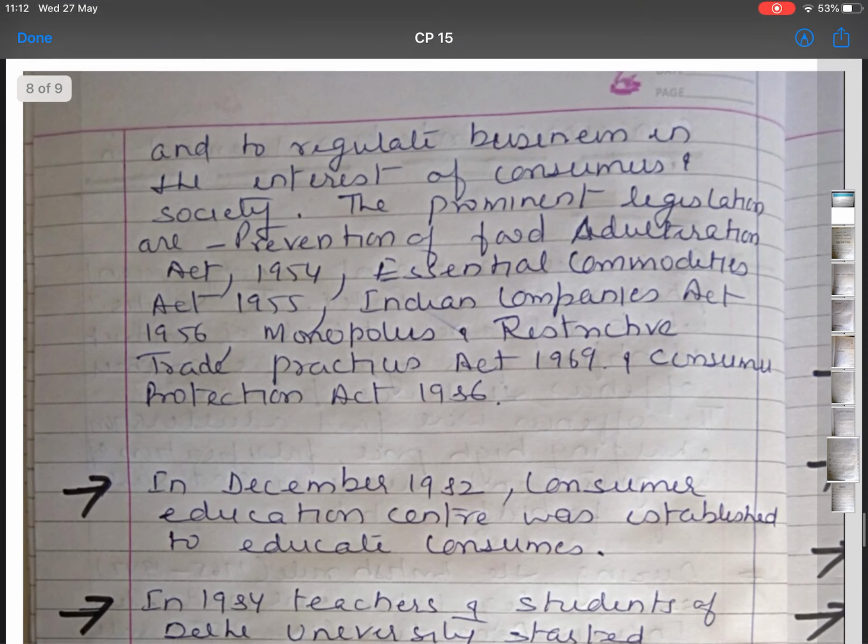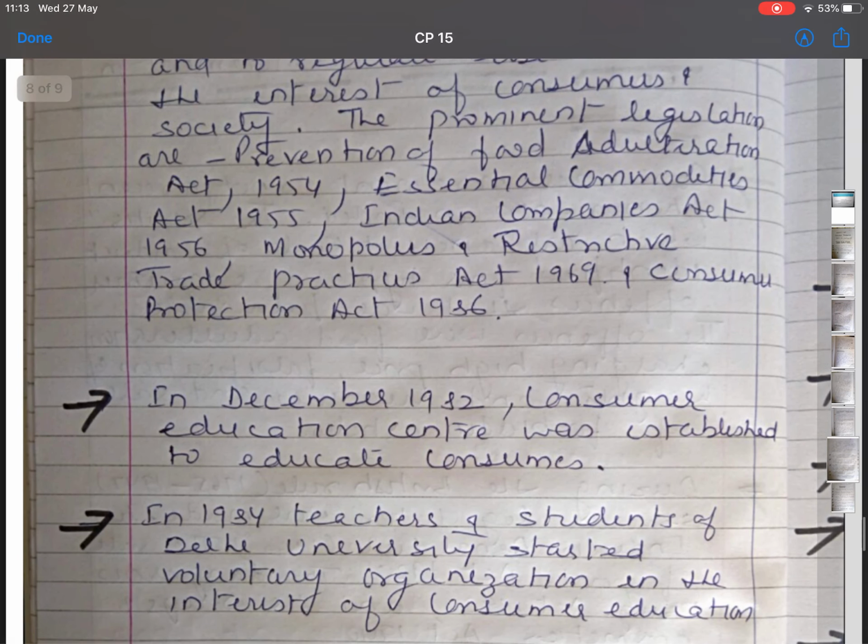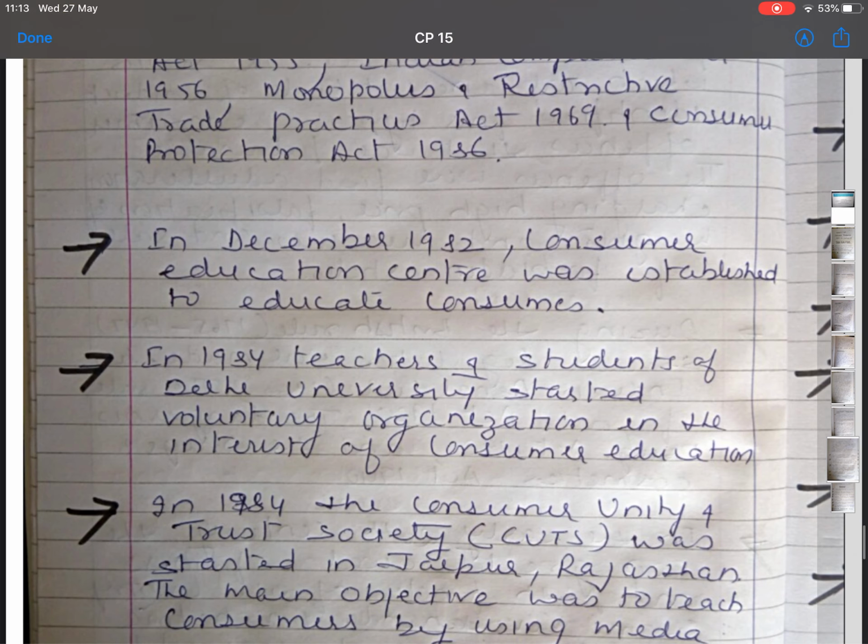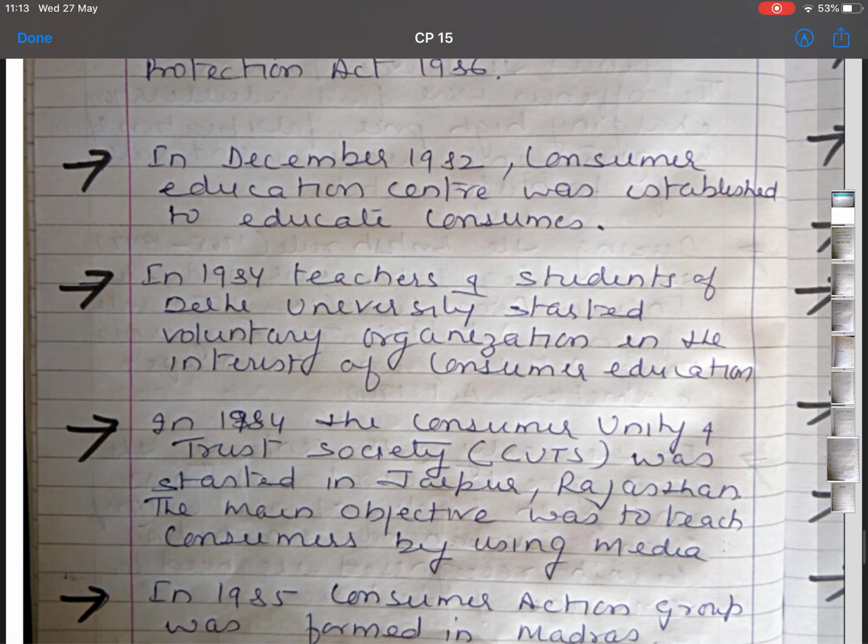In December 1982, the Consumer Education Center was established in Hyderabad, devoting its time to educating the consumer through its quarterly magazine, Consumer Network News. In 1984, teachers, faculty, and students of Delhi University started a voluntary organization in the interest of consumer education, called Consumer Education Voice.